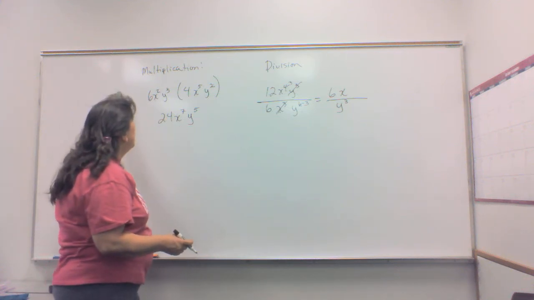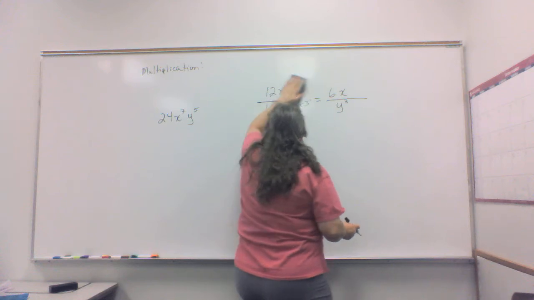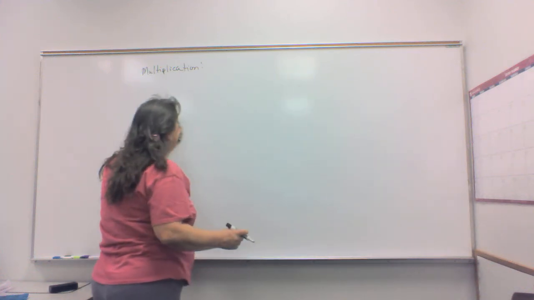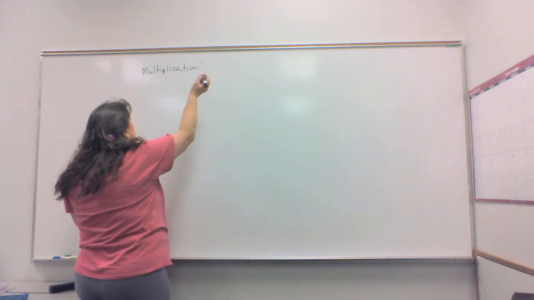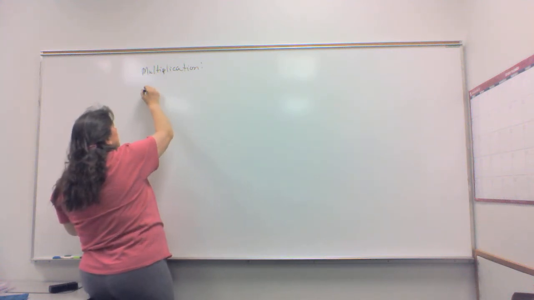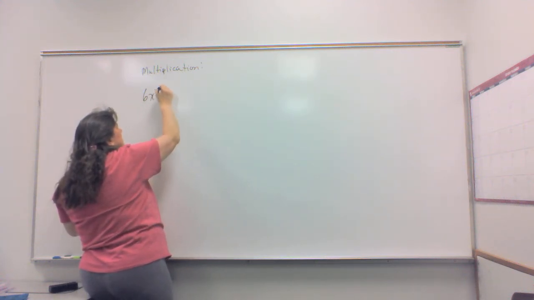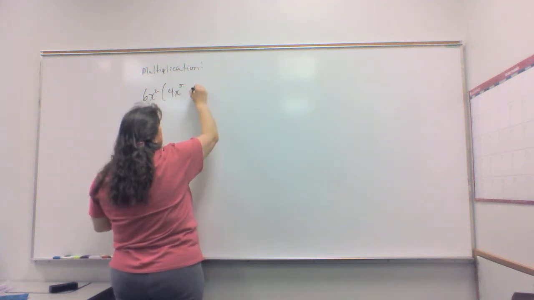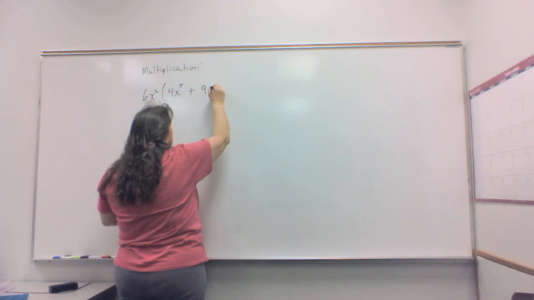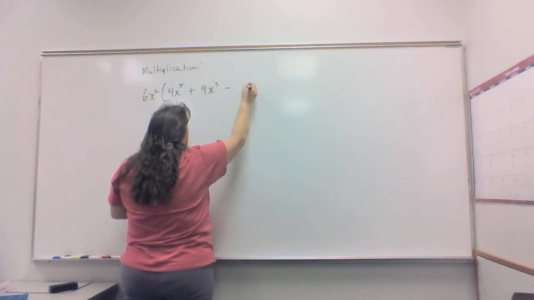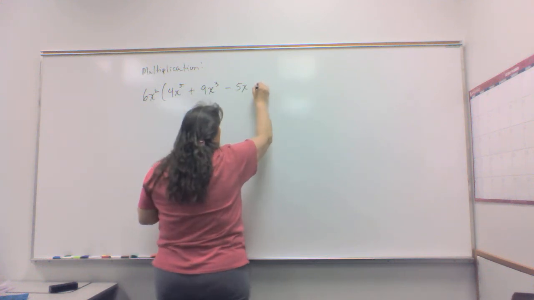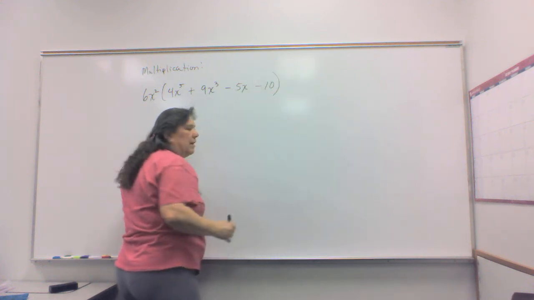But what if we have a multiplication of a monomial times something like a binomial? Then it's a little bit different. If I have 6x squared times (4x to the fifth plus 9x to the third minus 5x minus 10), okay?